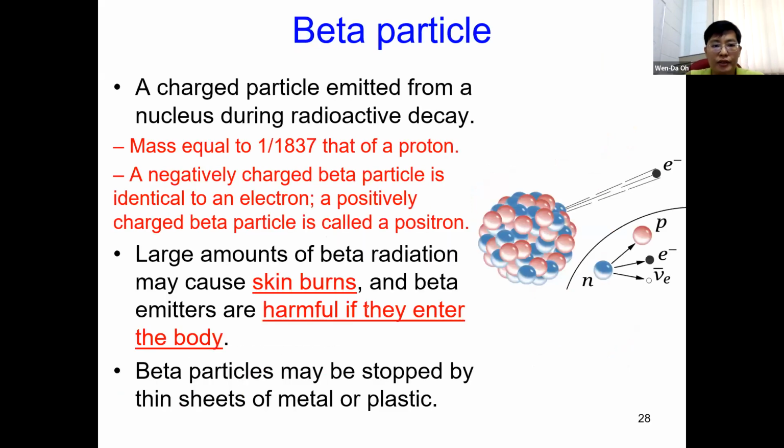Then we have the beta particles. These beta particles are basically electrons and positrons. The positively charged one we call a positron, the negatively charged one we call an electron.